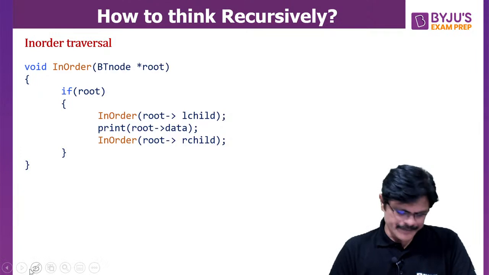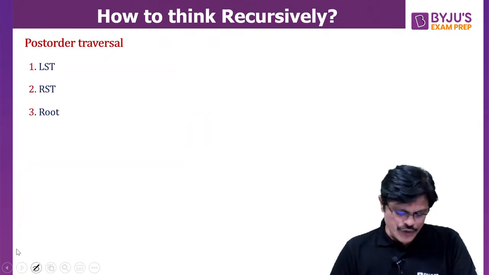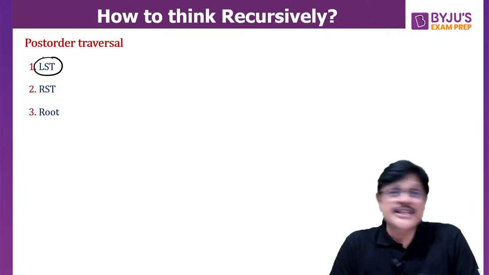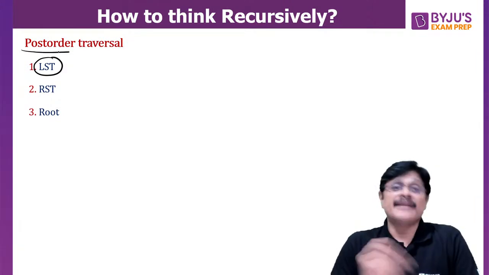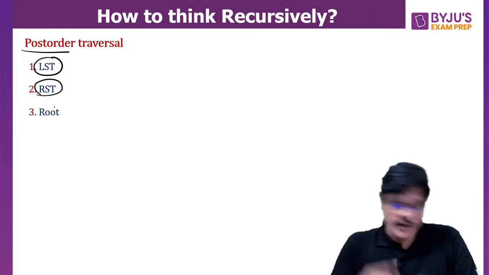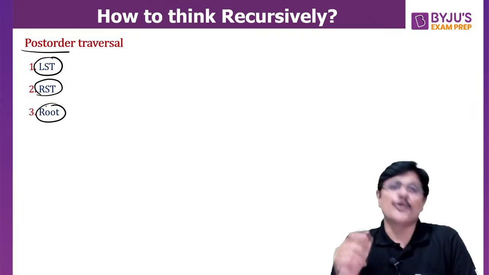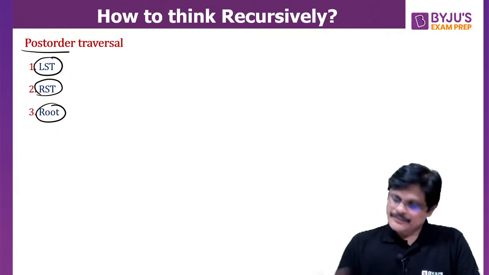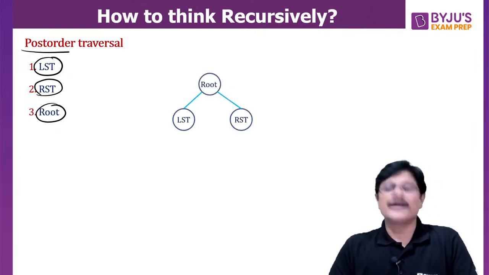Okay, no problem. Now comes the post order traversal. The story is the same. First, we need to visit the nodes of the left subtree recursively in post order. Then we have to visit the nodes of the right subtree recursively in post order. Then we have to visit the root node, my dear friends. So that is the story. Am I clear? Okay.